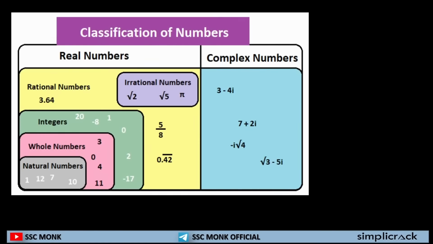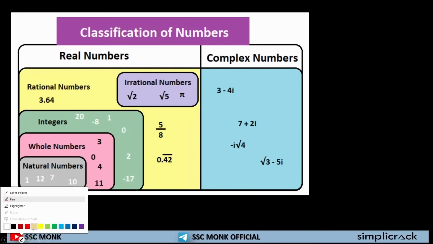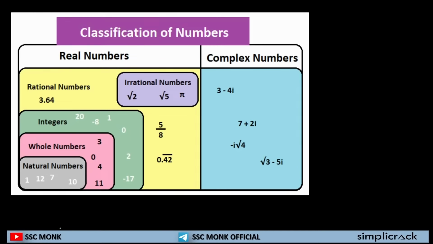Clear? Sorted? Now, what we know at the beginning is natural numbers, starting with 1, 2, 3 and so on. When we add 0 to the natural numbers, we get the whole numbers.